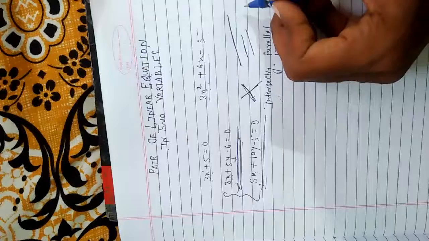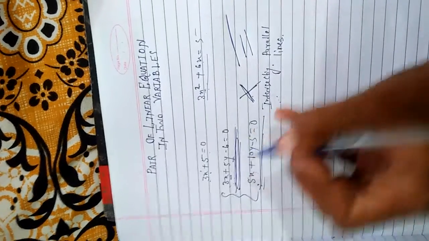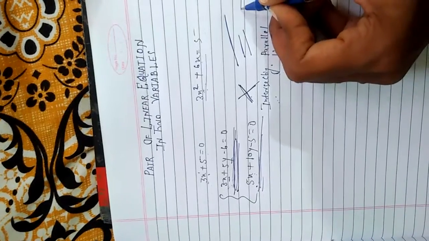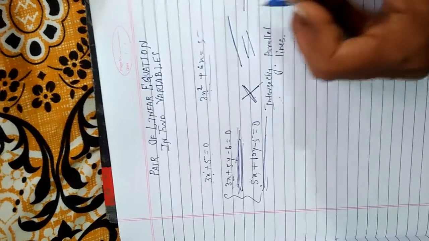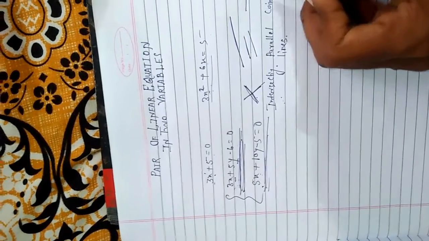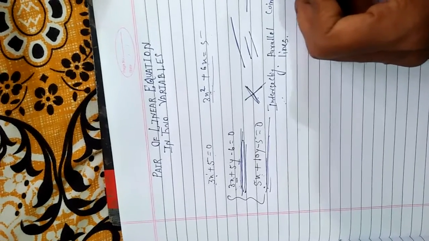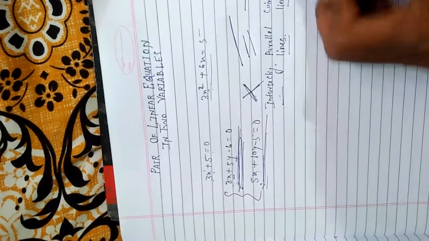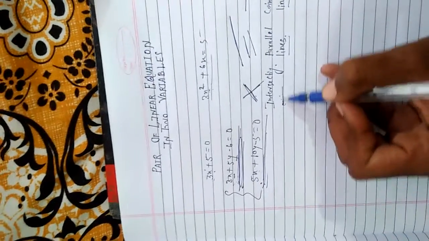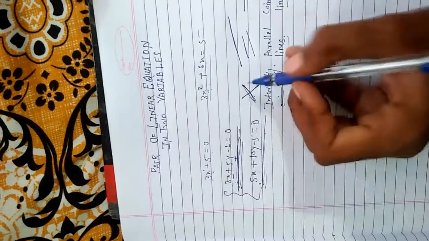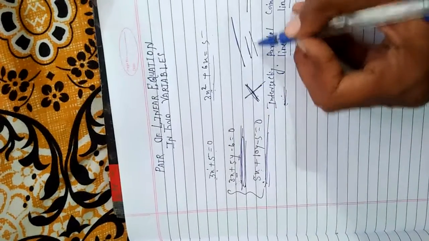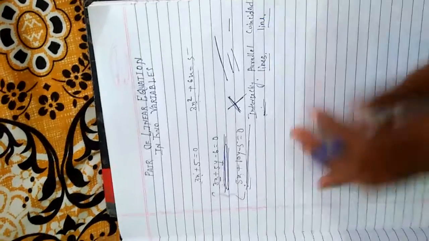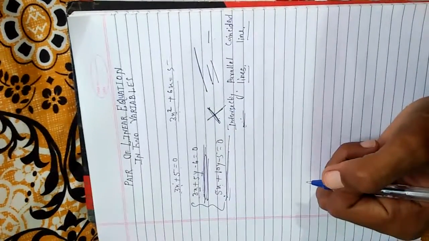The third is that the line of this equation overlaps the other one, and this is called coincident lines. So we will get first intersecting, second parallel, third coincident. I hope you get my point.